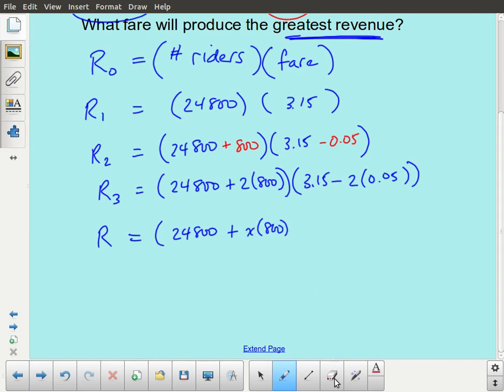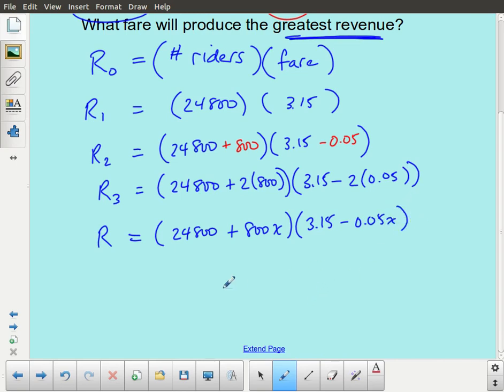Now we don't normally write x times 800 this way. We would normally write that as 800x. And at the same time that I add 800x, I have 3.15 minus 1 times 5 cents or 2 times 5 cents. So that's going to be minus x times 0.05 or 0.05x.